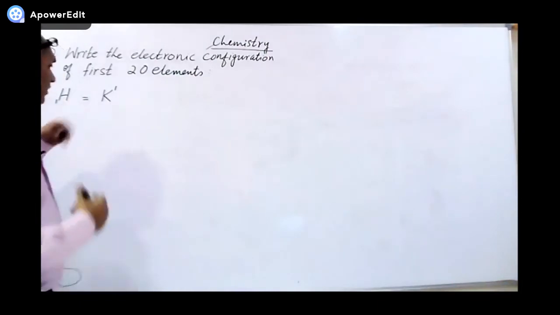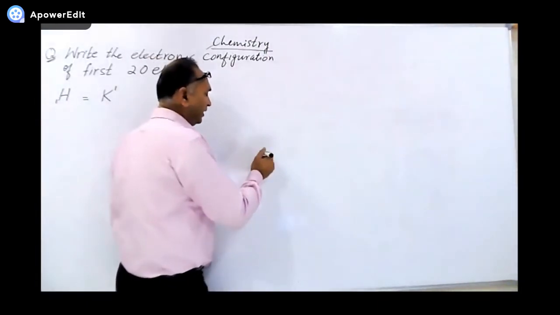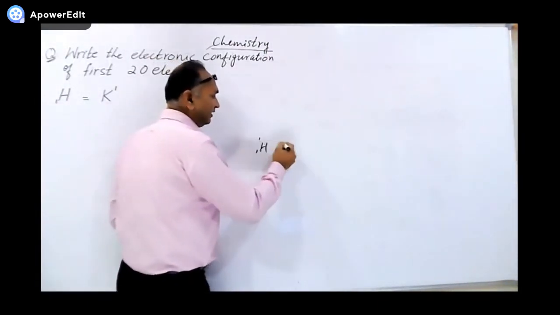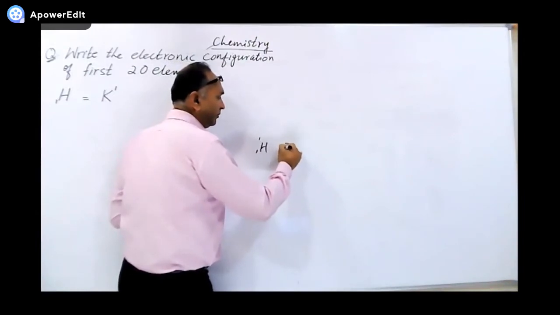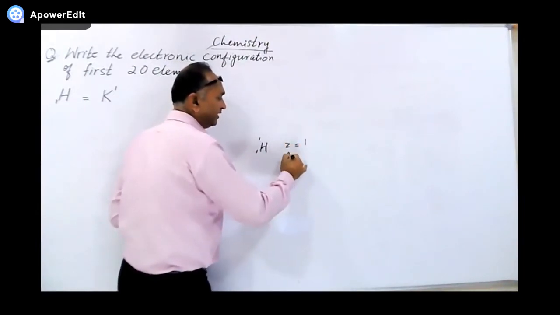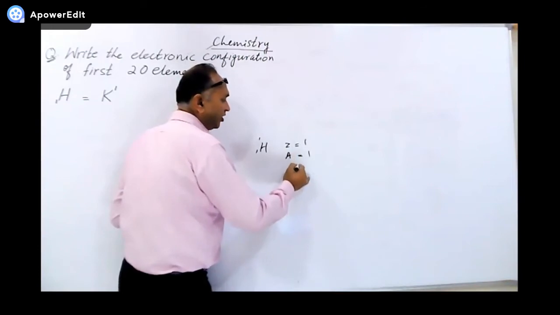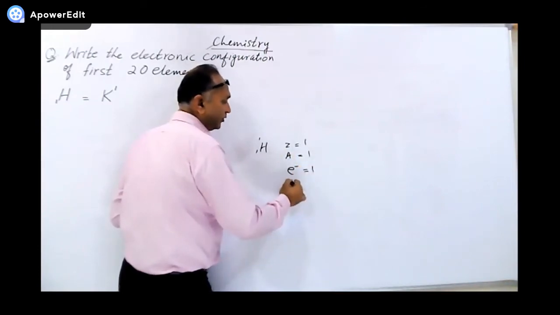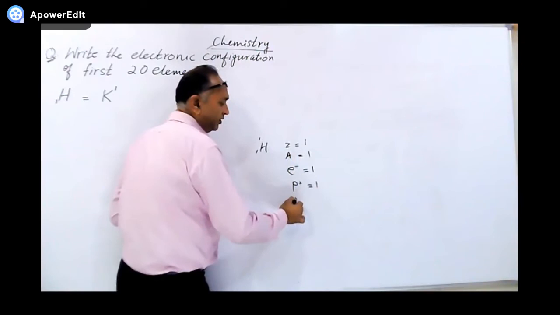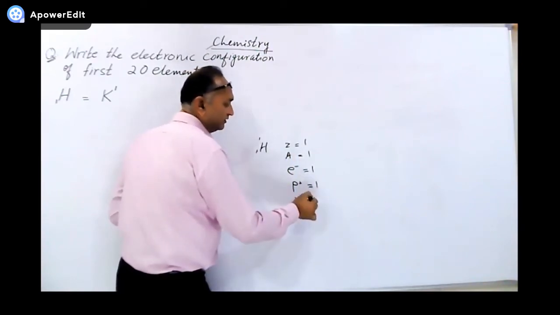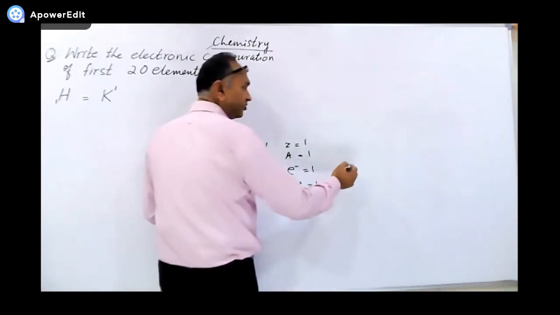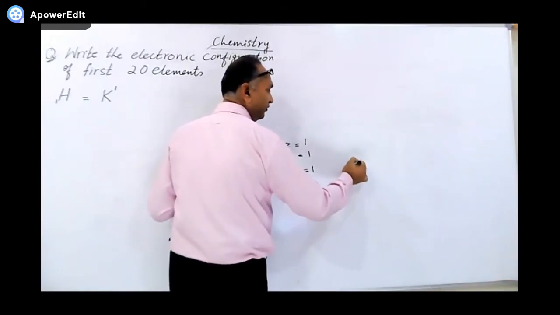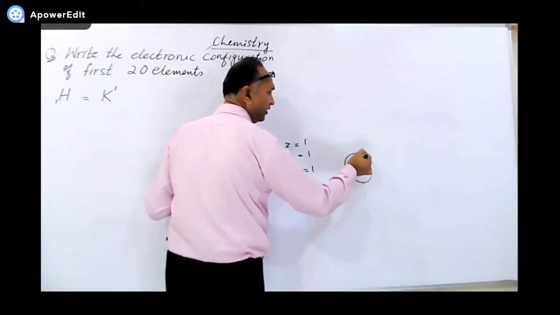If I do it in a lengthy way, I will do over here like this. The atomic number is 1, mass number is 1, electron 1, proton 1, neutron means 1 minus 1, 0. Then I'll draw the structure, nucleus, 1 proton, 0 neutron, and 1 electron revolving around the nucleus.